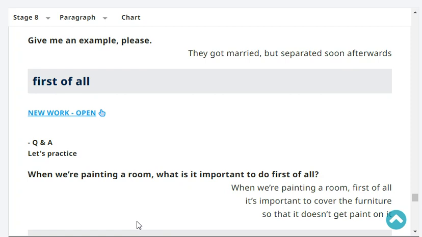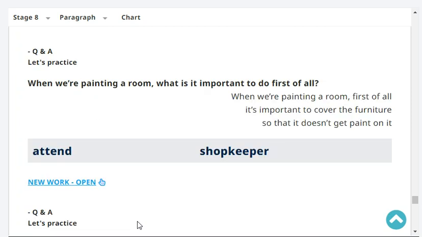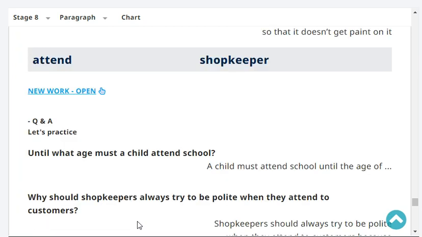When we're painting a room, first of all, it's important to cover the furniture so that it doesn't get paint on it. Very good.